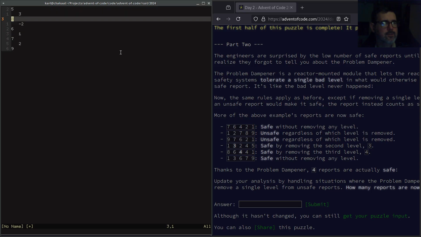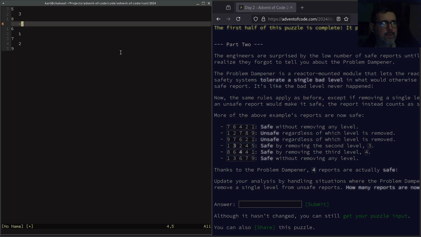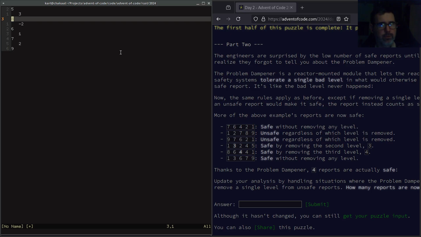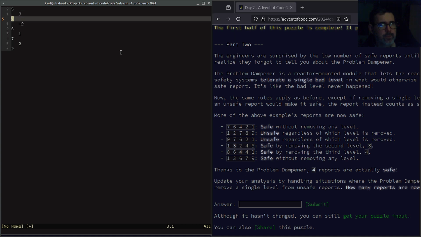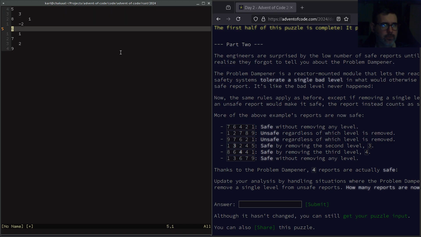So in this case, this is good, but this is bad. So now what we want to do is throw out the one behind it and combine this transition with the one behind it, right? And that gives us 1, and that's okay. So the rest of the report comes okay.